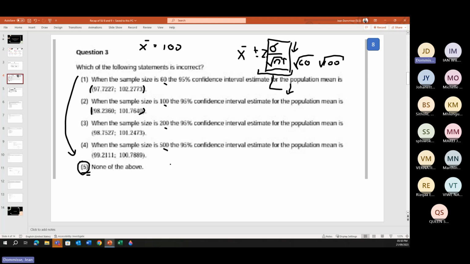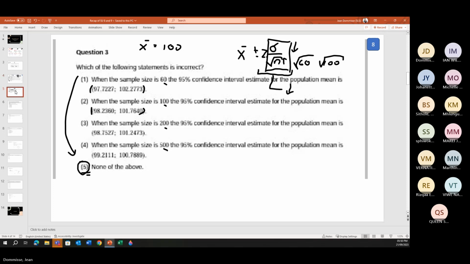It makes sense that if you had a population of 5,000 and suddenly you draw a sample of 500 of them, you will be much more likely to get a very good representation of that population than if you only draw a sample of 60.